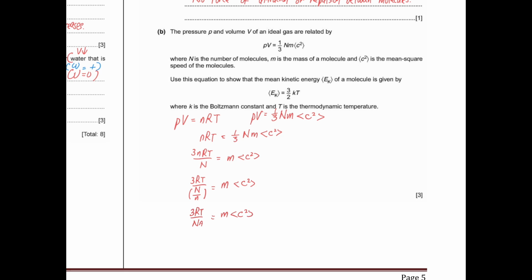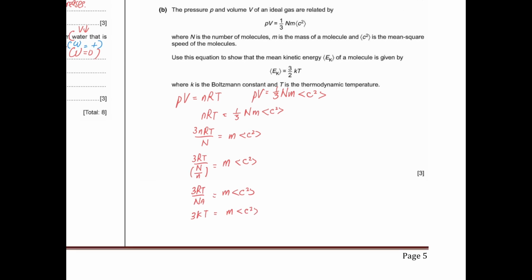Okay, Boltzmann constant is R over Na. R over Na is Boltzmann constant. Then divide by 2. Then I get half m c square equal to 3 over 2 kT. So Ek equal to 3 over 2 kT. It's the proving of the formula.